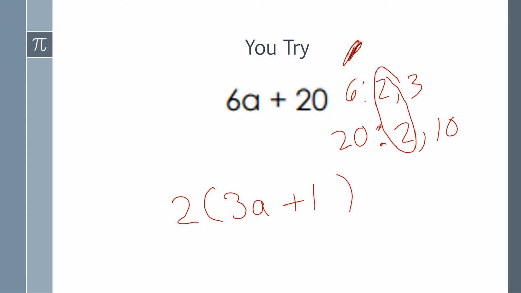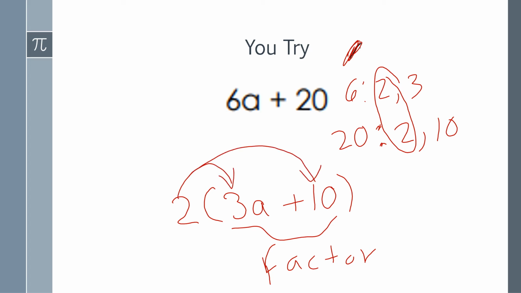All right. Again, this is your factor. This is what is left from when you pull things out. And again, we've been factoring in class for a minute, so we could double check our work. Using the distributive property, we get 6a plus 20.